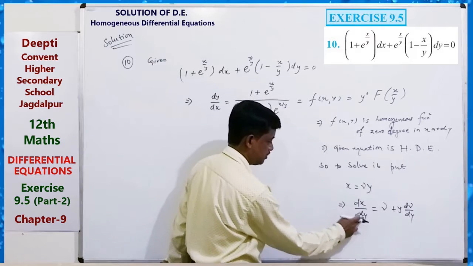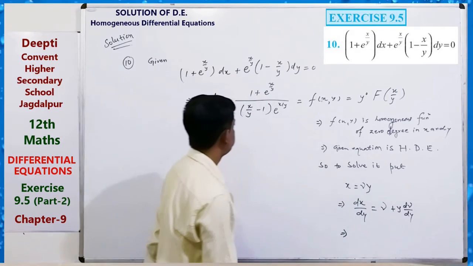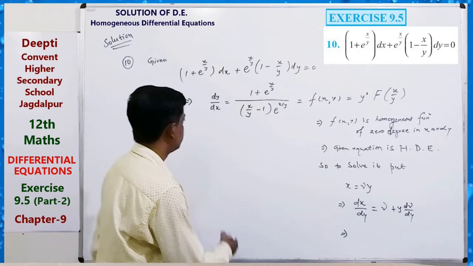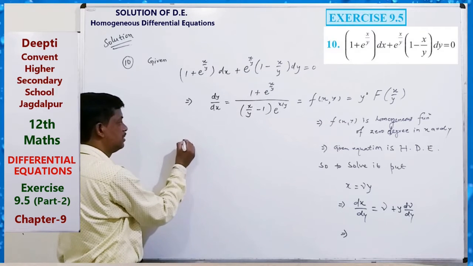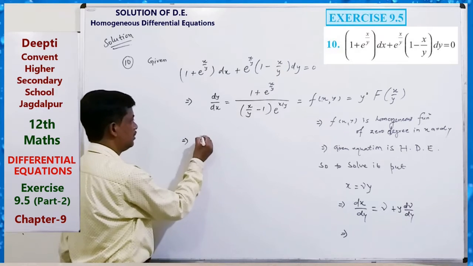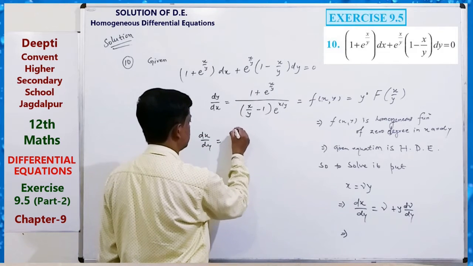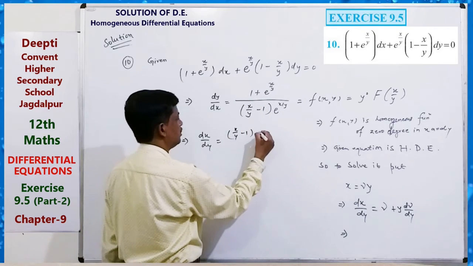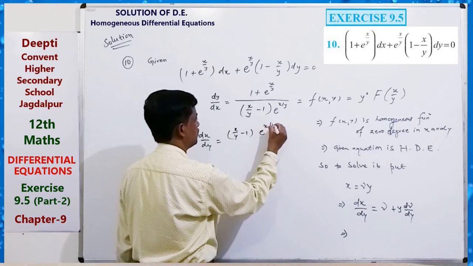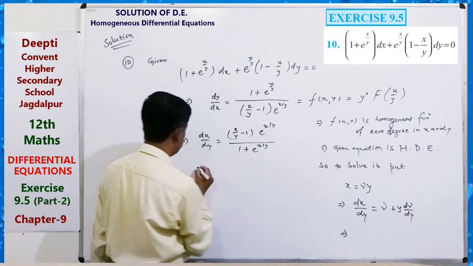Now we can write this as dx/dy = (x/y - 1) e^(x/y) / (1 + e^(x/y)).